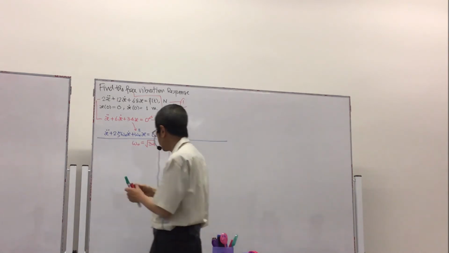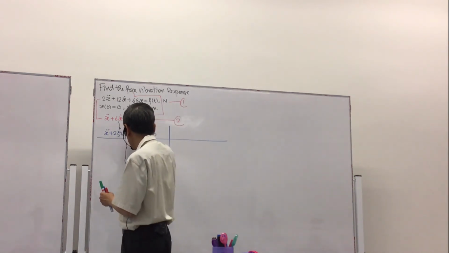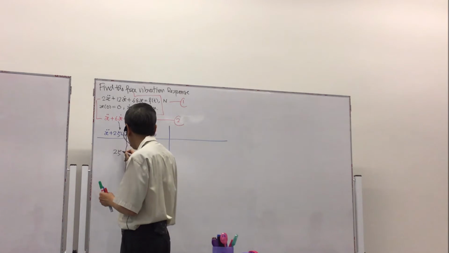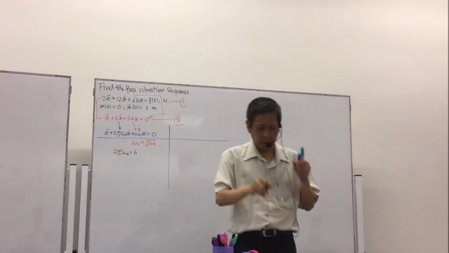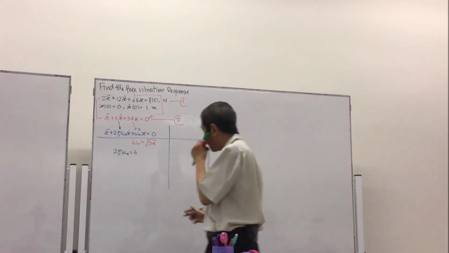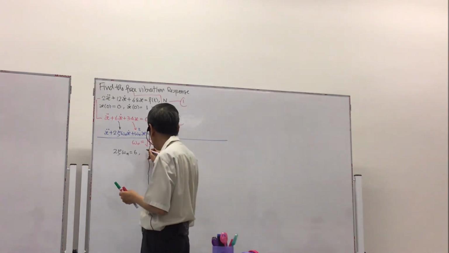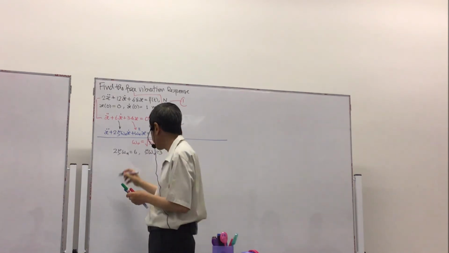And for the second term, we have 2 zeta omega sub n equal to 6, or in this case zeta omega sub n equal to 3.